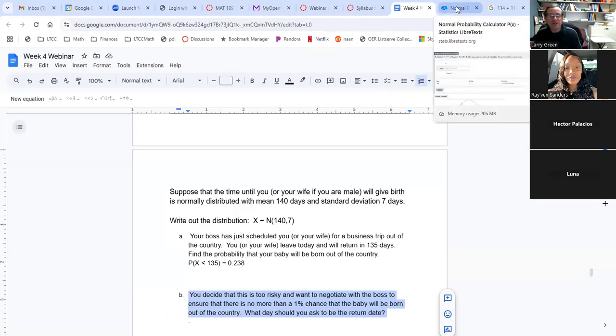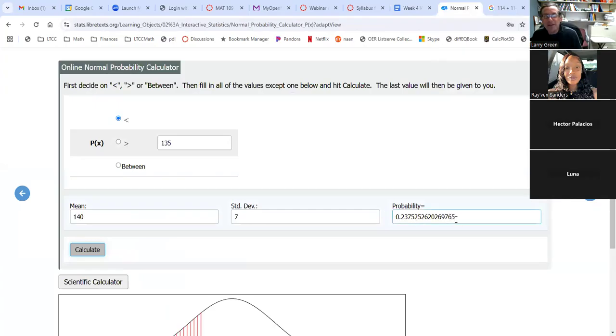Okay, so now we know that there's a 1% chance. So I'm going to turn this into 0.01. That's 1%. And I'm going to leave the 135 blank because we want to find out when we want to be coming back home. That means the probability of being less than that is 0.01. Then I calculate. And there we go, 123.7.